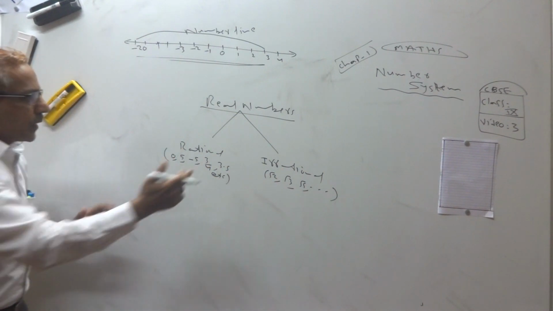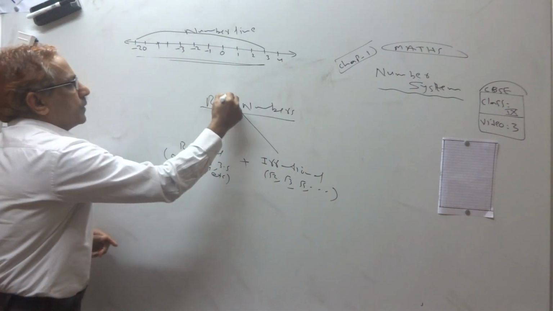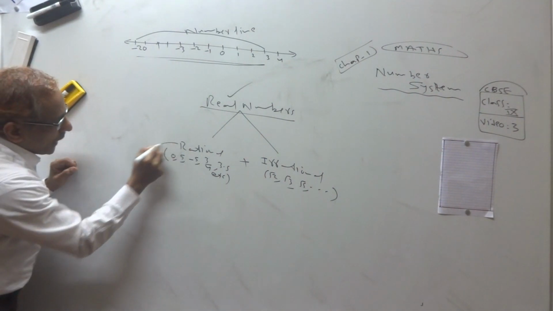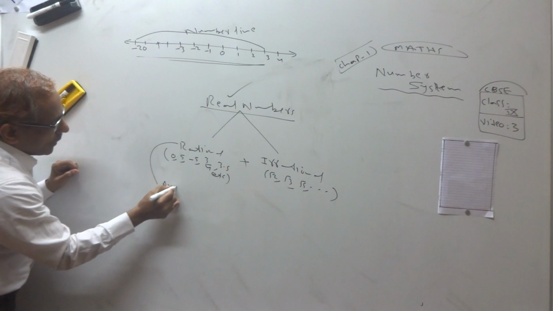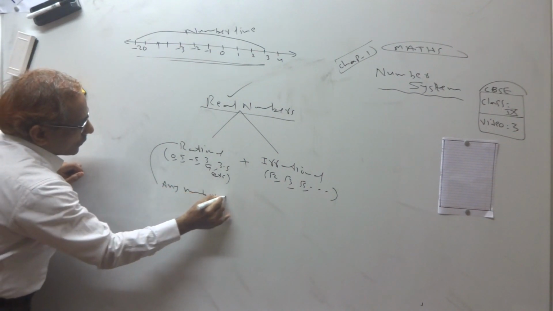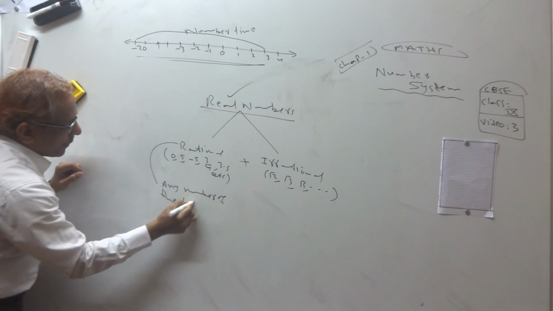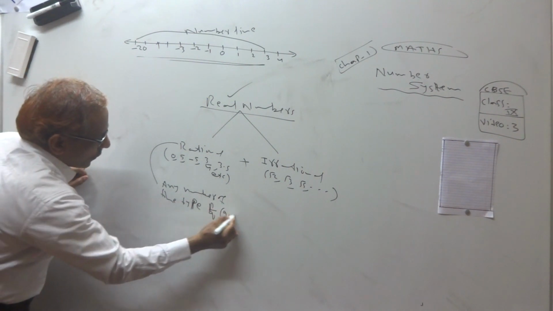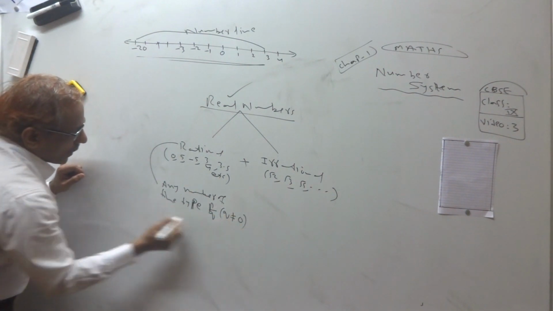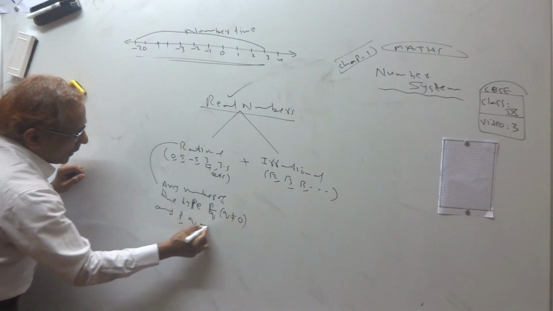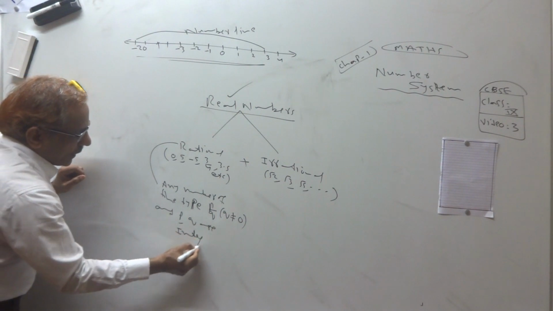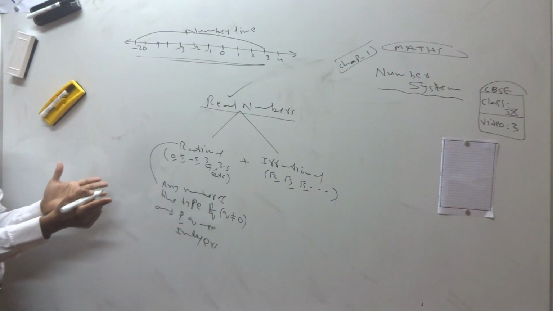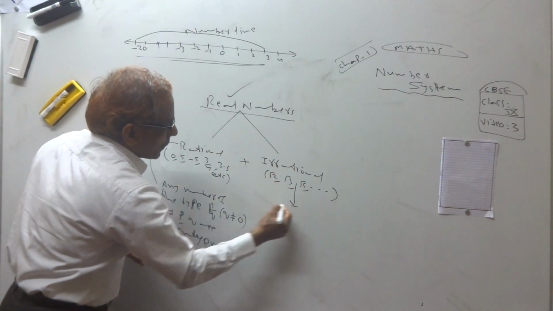If you club them together, rational plus irrational, that is real. The rational number definition is: any number of the type P by Q, where Q is not equal to 0 and P, Q are integers. Integer by integer is a rational number.